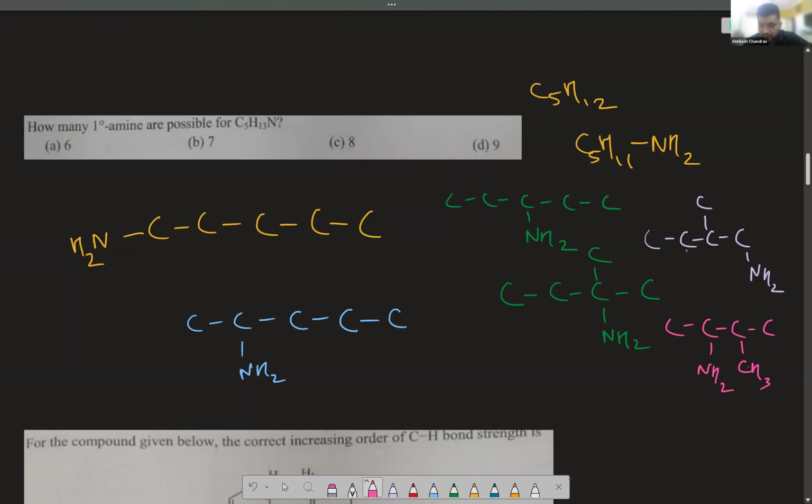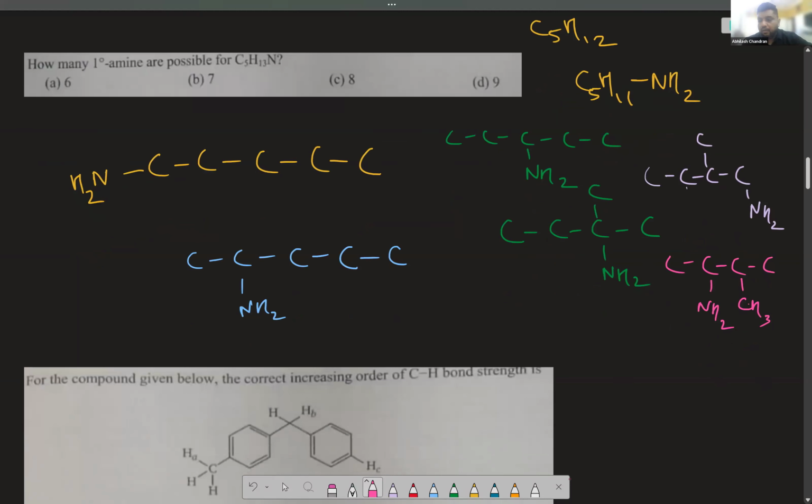Now, how many are done already? Six already done. Now I can also try a butane type group, something like this. Is there any more possibility as far as NH2 can come here? Anywhere I put NH2 in the neopentane, they will all be exactly the same.